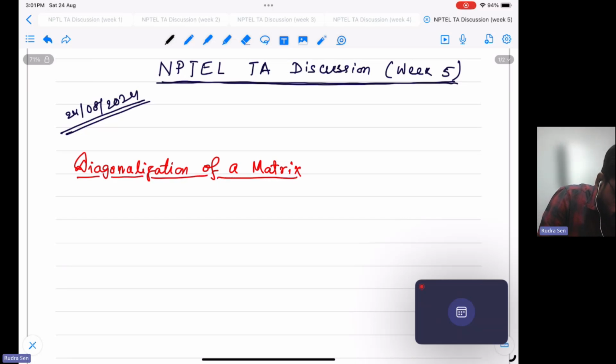What is basically diagonalization of a matrix? Why do we care about diagonalization of a matrix?